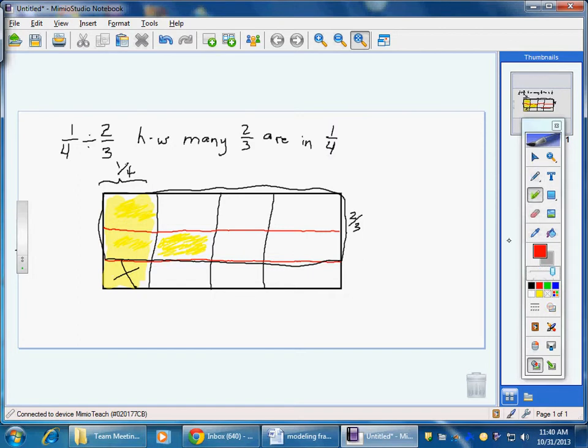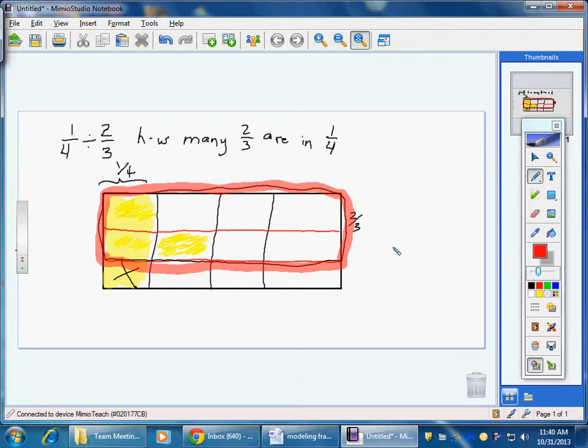So I'm going to do my best to give us something to draw our attention to. So that is my 2/3. That's 2/3 of the whole that I was working from. And so how much of that is in 1/4? Well, I've got my 2/3 divided into 8 equal sections.